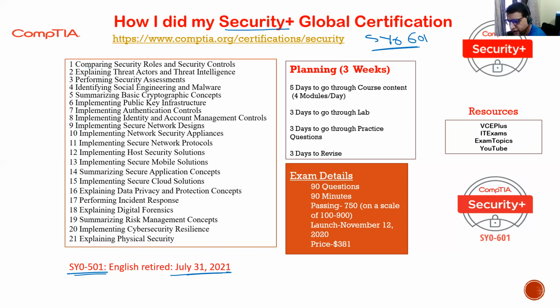If you attend official training, you are going to cover these modules: comparing security roles and security controls, explaining threat actors, threat intelligence, performing security assessments, identifying social engineering and malware, summarizing basic cryptographic concepts, what is PKI, authentication controls, IAM, secure network designs, network security appliances, secure network protocols, host security, mobile security, application security, cloud security, data privacy and protection concepts, incident response, digital forensics, risk management concepts, cybersecurity resilience, and physical security.